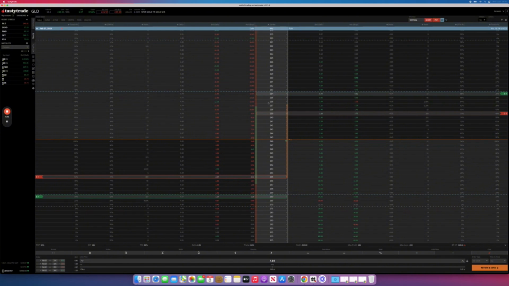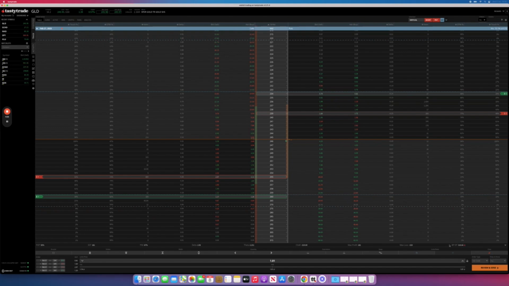So we've still got a $5 wide spread on either side. We've just increased our deltas on either side, and what that has done is it's increased the amount of premium that we collect up front, and in turn our buying power requirement has been reduced.